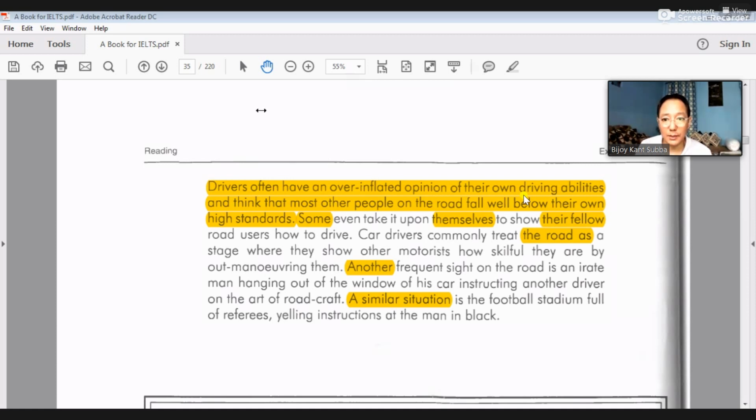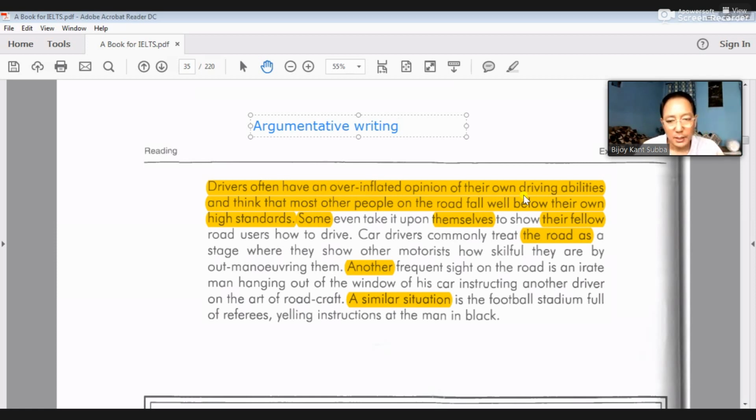So this particular paragraph is an argumentative passage. Argumentative writing. So what exactly is argumentative writing? Here the writer is trying to influence us. For us, we don't think about other drivers, how good or bad they are.